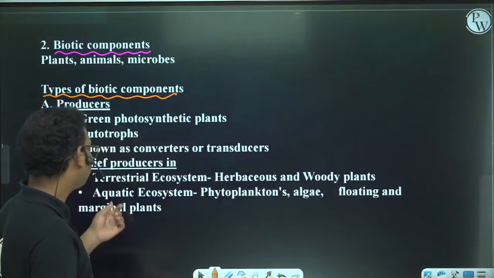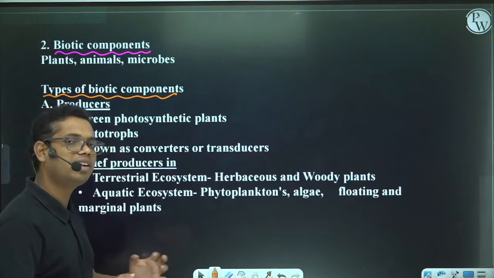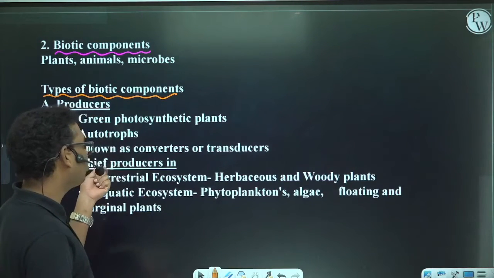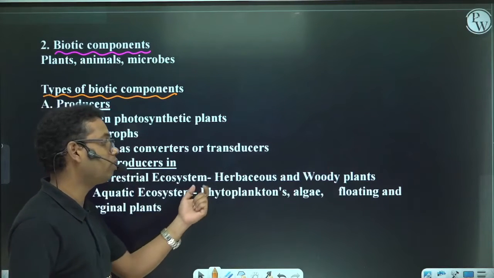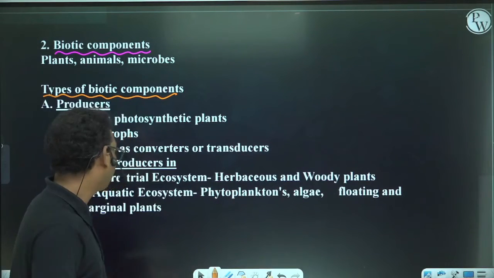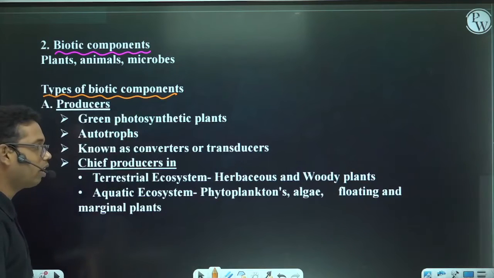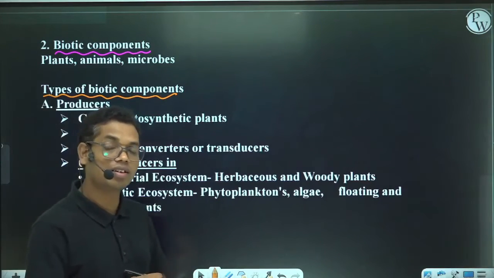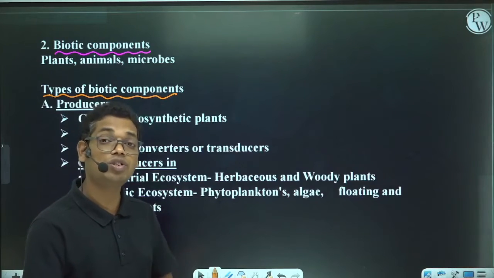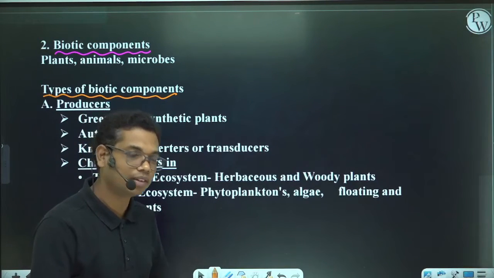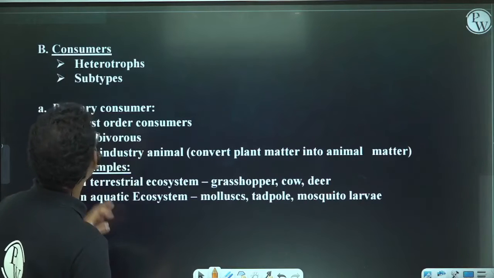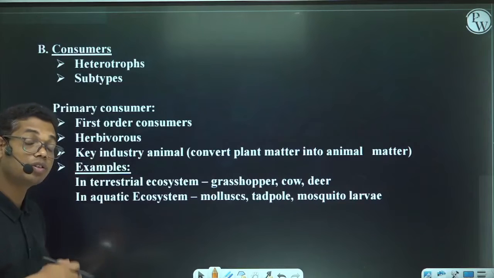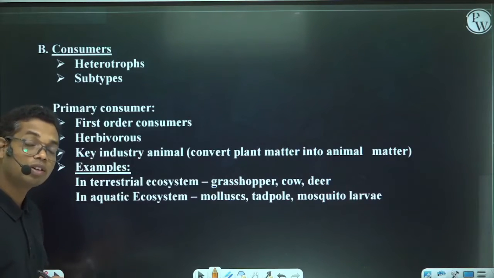Likewise, in aquatic ecosystem, different types of producers will be there, but the chief producers will be phytoplanktons, algae, floating and marginal plants. And in 11th class there is a sentence that diatoms are the chief producers of the ocean. Now let us talk about the consumers. Consumers are those organisms which cannot produce their own food.